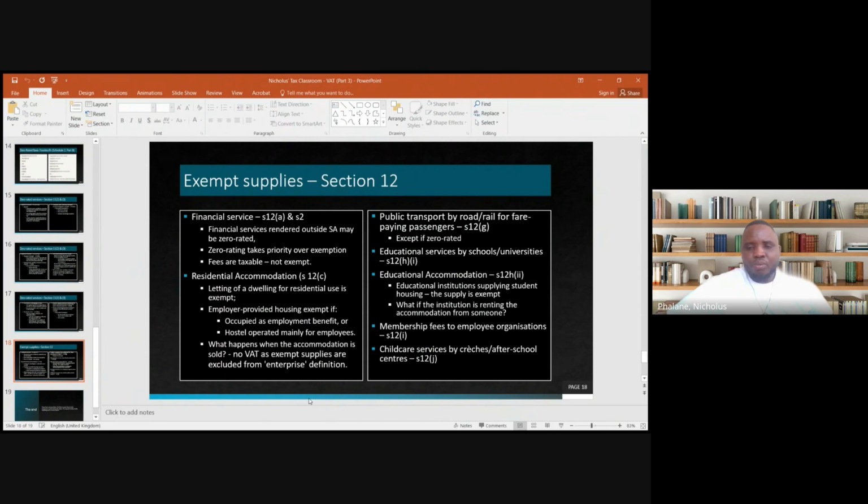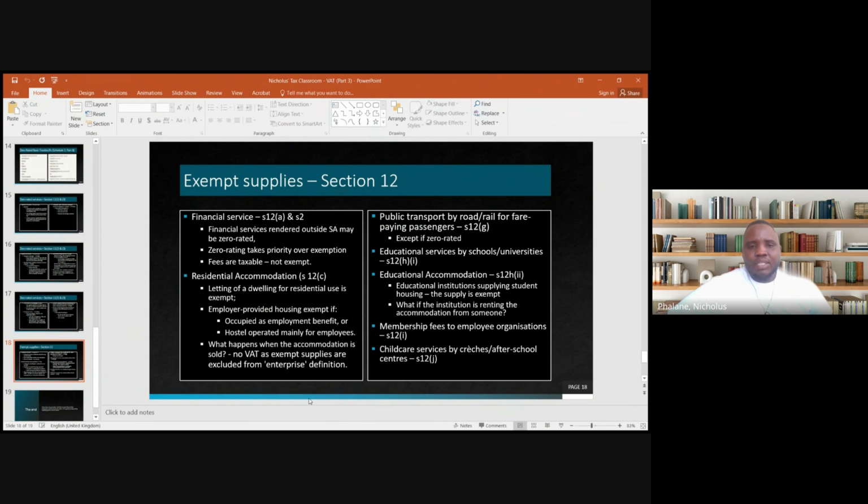But the institution would not levy any VAT on any rent that it charges to the students, because now this accommodation in the hands of the institution would constitute residential accommodation, or basically you could say residential accommodation, but it is an educational accommodation, to be technically correct.